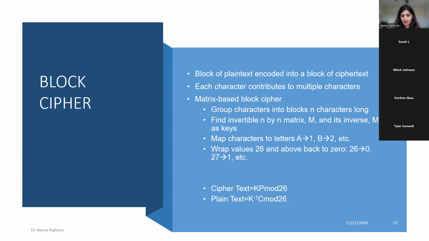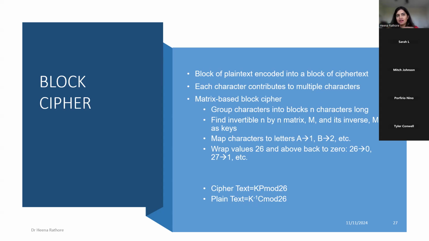In this class, I will start with the Hill cipher technique. Hill cipher technique is another important cryptographic algorithm, and it takes into consideration matrix multiplication. So the way this specific Hill cipher technique works is, so far in the previous examples, it was plain text plus key mod 26.